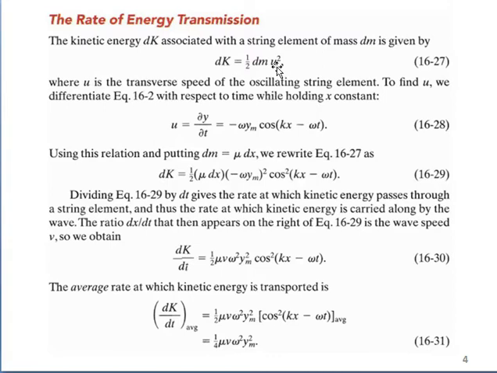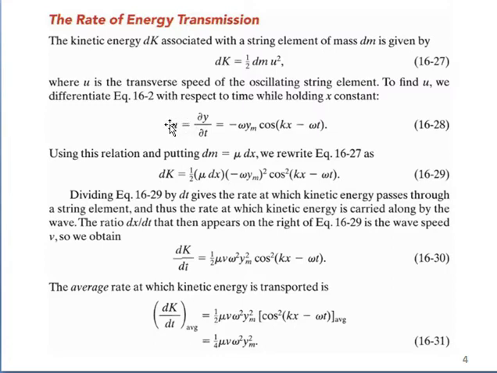To find the transverse velocity, u is equal to ∂y/∂t, the time derivative of y. Differentiating, ym, being constant, stays out, the derivative of sine is cos, so cos(kx minus omega t) into minus omega. So minus omega ym cos(kx minus omega t) is equal to u, the transverse velocity.